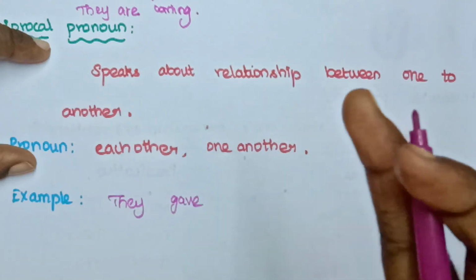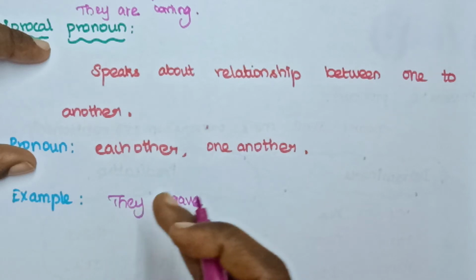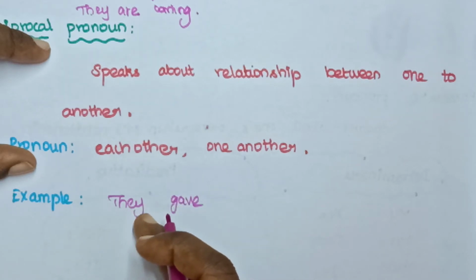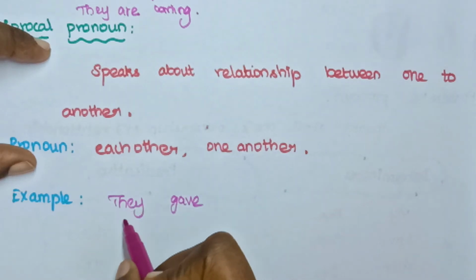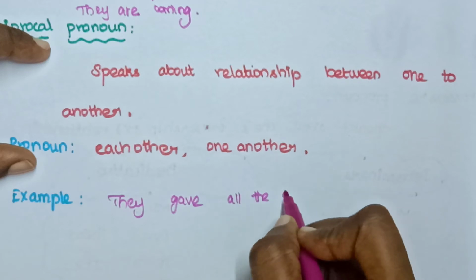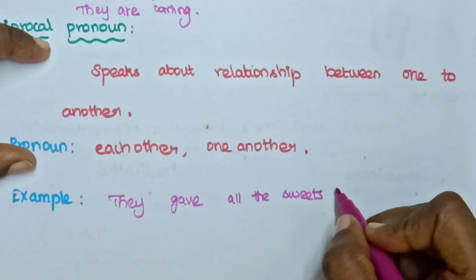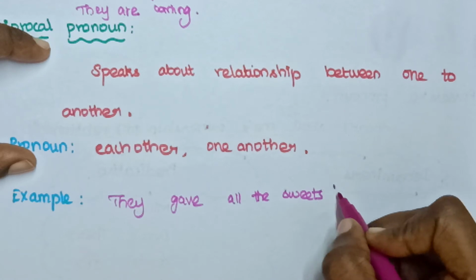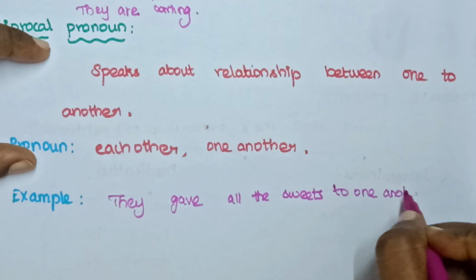It is going to speak about two persons, so it is a plural pronoun. Here it is describing a third person, so we are using they. They gave all the sweets to one another.